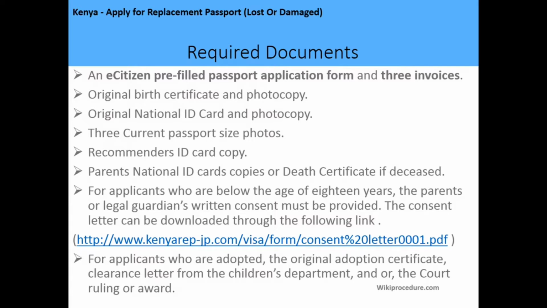For applicants who are below the age of 18 years, the parents' or legal guardians' written consent must be provided. We are going to see how the letter of consent looks like and how to apply. And also remember, the recommender must be someone who knows you but is not related to you, not your brother, not your sister.